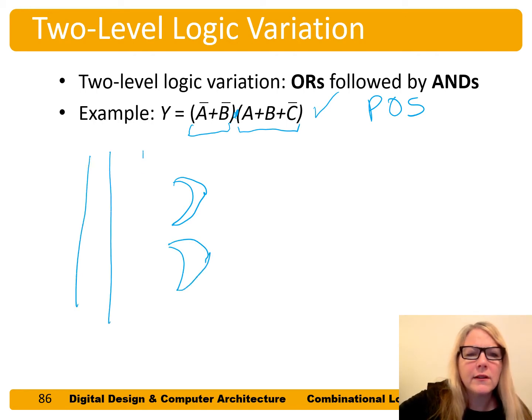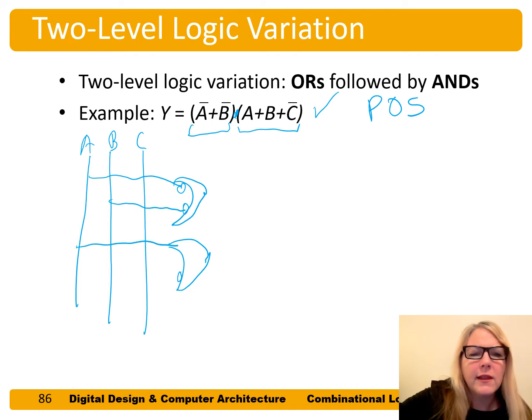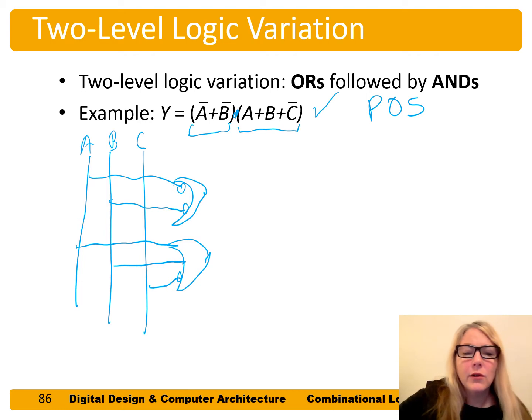And we'll put our inputs here, A, B, and C. And we'll put bubbles on these gates. So we're going to grab A bar or B bar. And here we grab A or B or C bar. So we OR those together first.